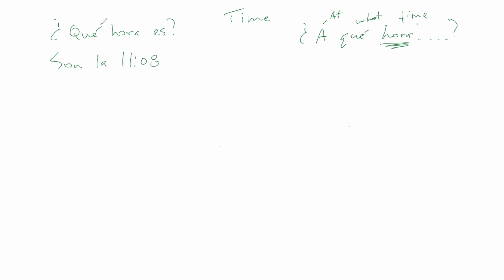So say we're talking about a class, right? So you could say, ¿A qué hora es la clase de español? All right, so at what time is Spanish class? So here our verb isn't telling time, it's talking about time.